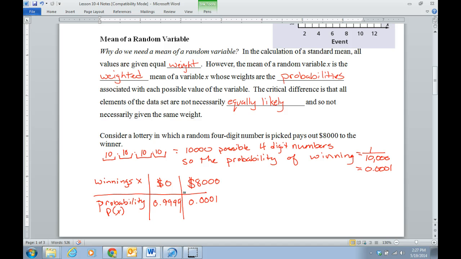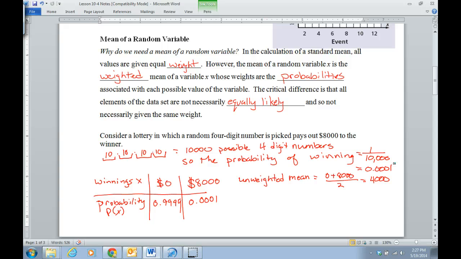So I want to look at the unweighted mean. To calculate the unweighted mean, I'm actually going to take 0 plus 8,000 and divide it by 2. That would end up being 4,000, correct?